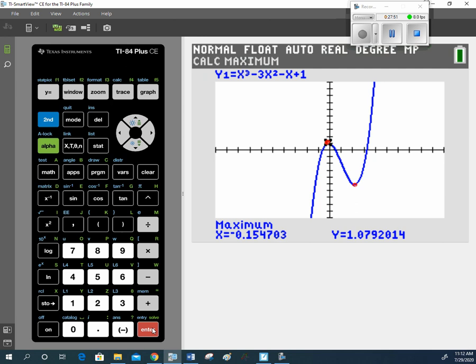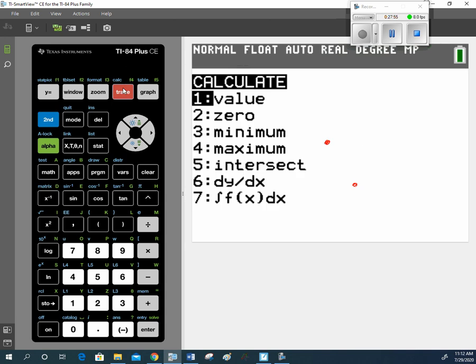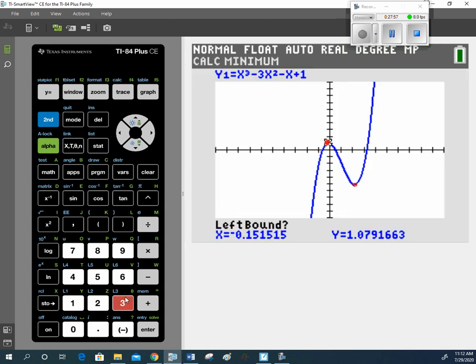Okay, and now let's do the min. So back to calc, second calc, let's do the min. Follow our prompts. We need to be on the left-hand side. So there we go. I'm on the left. Enter. Right-hand side. Enter. Make a guess. Enter. So the min is 2.154 and then negative 5.079.